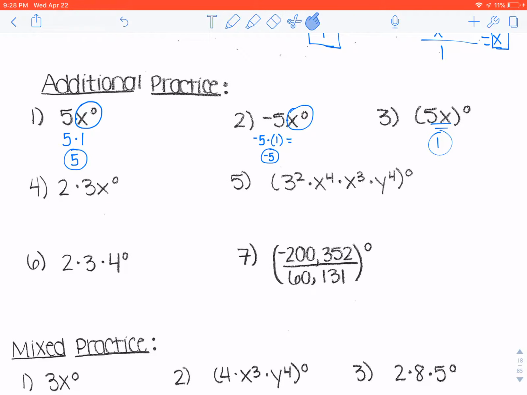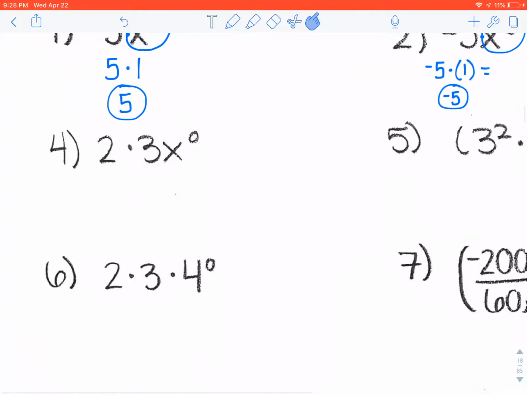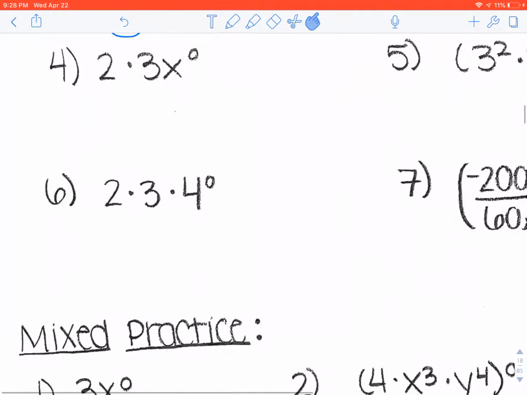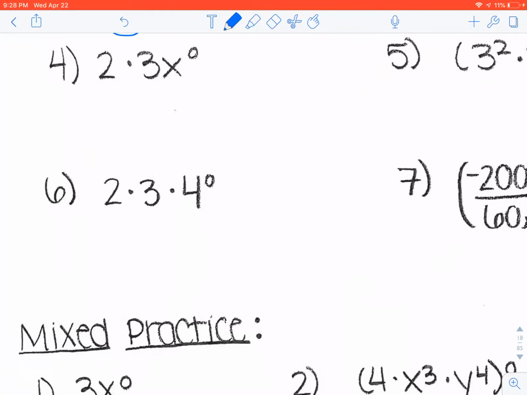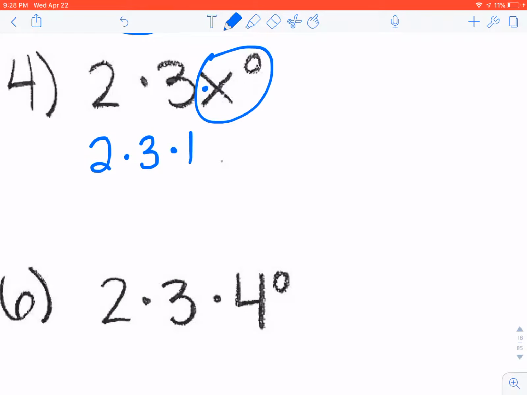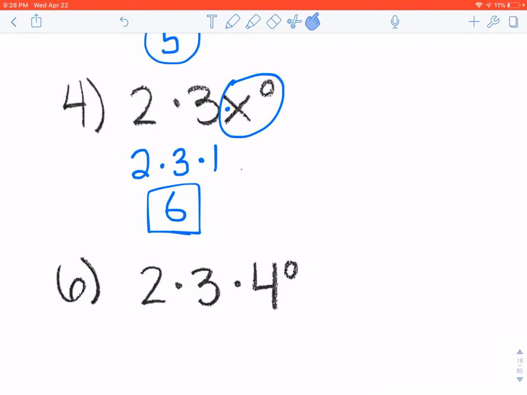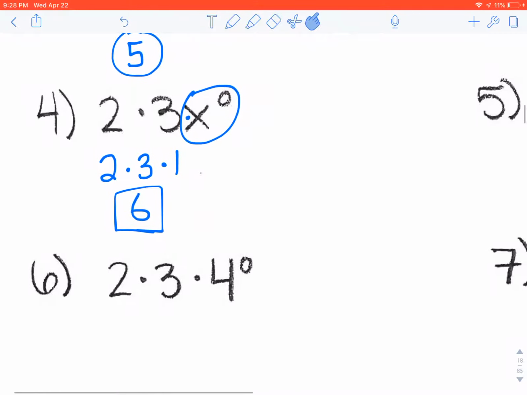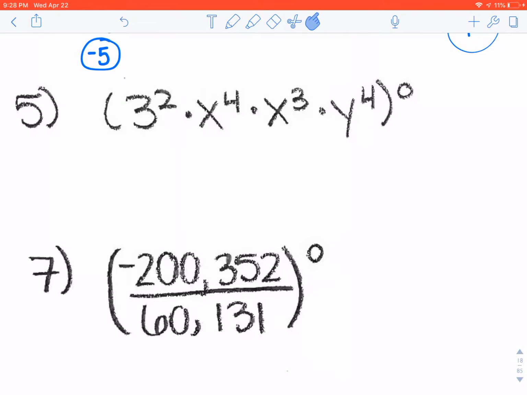Okay, number 4. 2 times 3x to the 0. So there's another multiplication symbol between the 3x to the 0. So if you want to put that dot in there, it's 2 times 3 times x to the 0. Well, our x to the 0 turns to 1. So 2 times 3 times 1 is just 6. Okay, number 5.